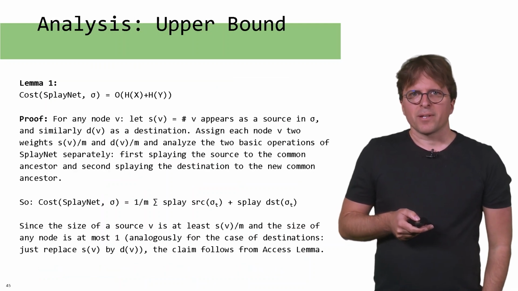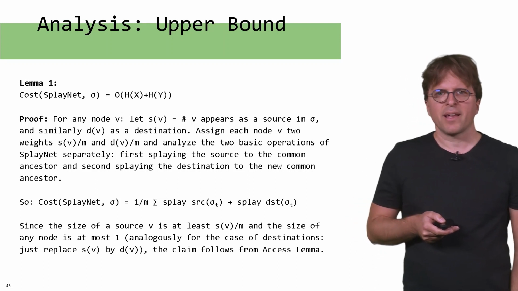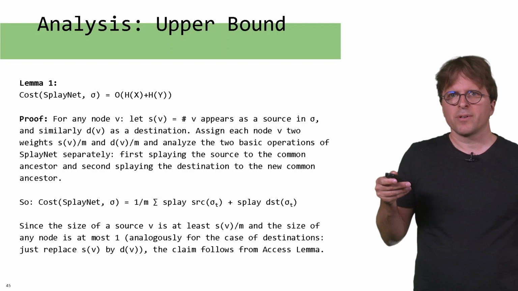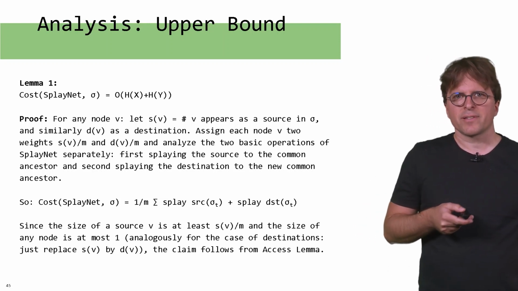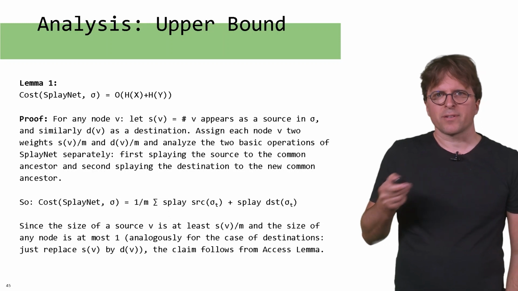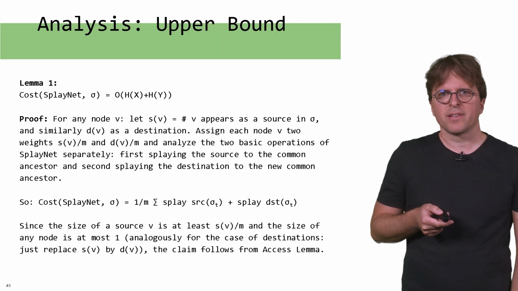All right, so what's the performance of such a SplayNet? I want to give you two bounds. The first is the upper bound, the amortized cost of the accesses or routing requests.